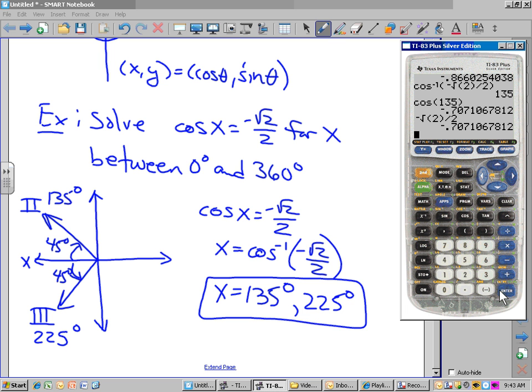Question? What do you mean congruent? Well, they're the same distance away from the x-axis, yes. Well, 45 is our reference angle.